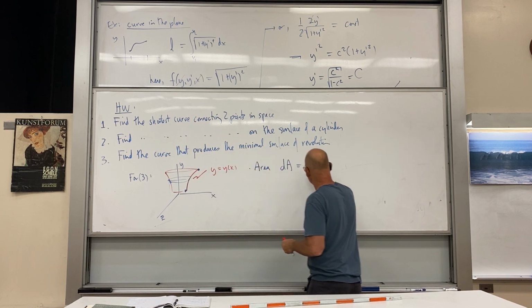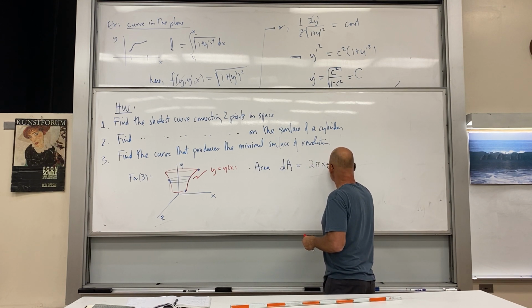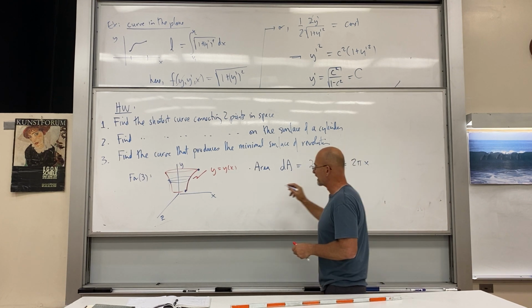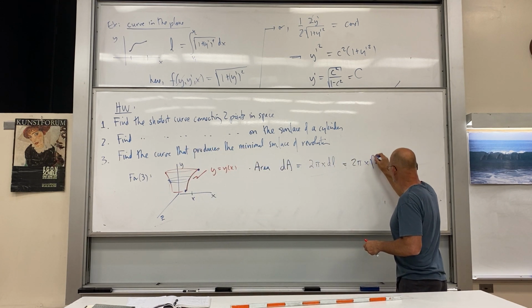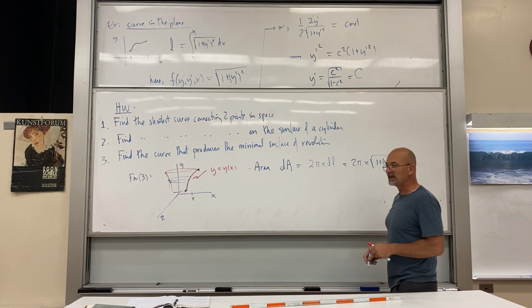And it'll be 2 pi x times dl, which would be 2 pi x, and x refers to that point right there. 2 pi x, and then this root 1 plus y prime squared that we've already been using for dl.